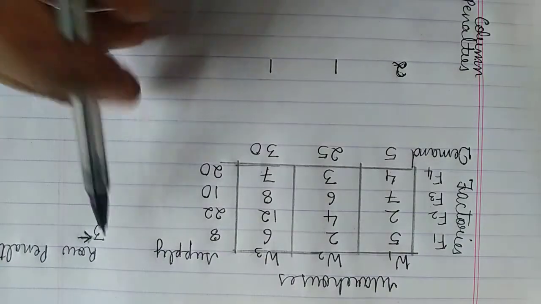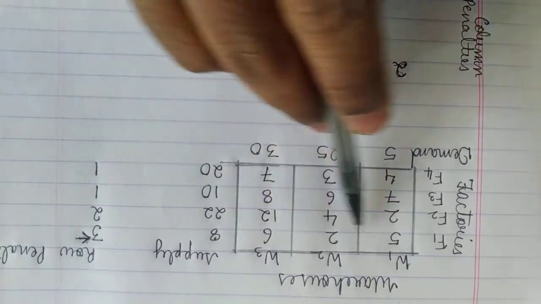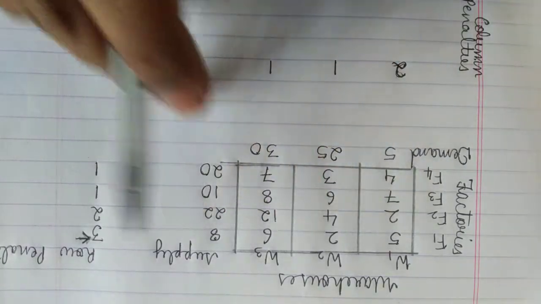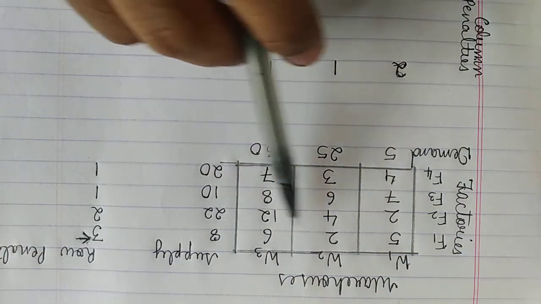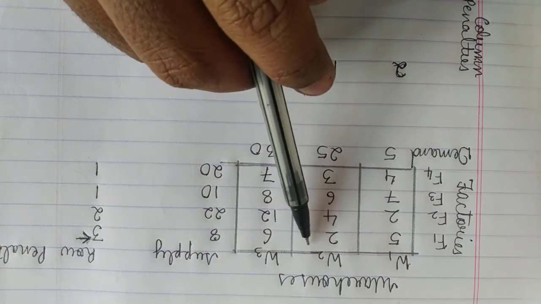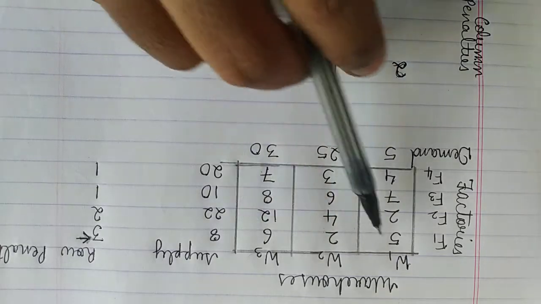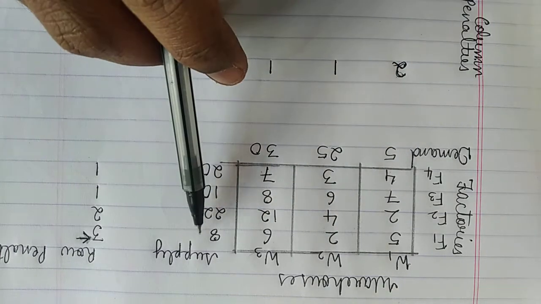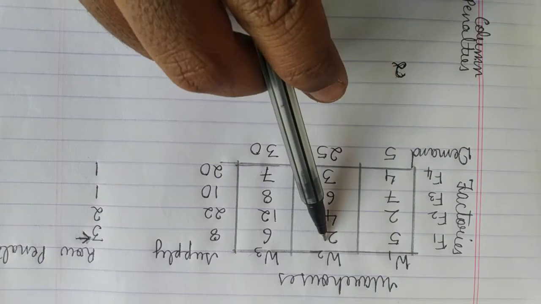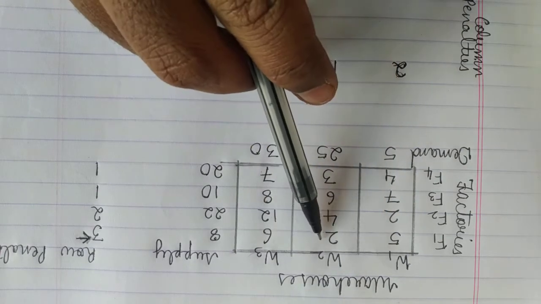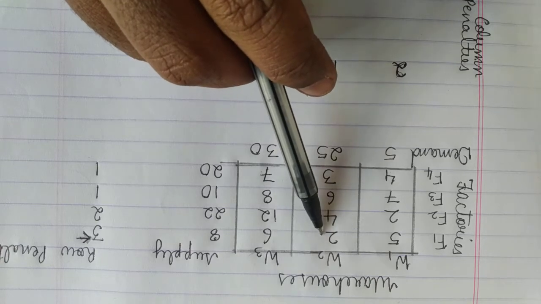That means I have to allocate in this row itself, that is the F1 row. So where should I allocate? I should allocate logically in the least cost cell, that is here. See, there are 3 ways how I can supply here. Cost is 5 per unit, 2 per unit, and 6 per unit. So definitely I'll go for the least cost, that is 2 per unit.